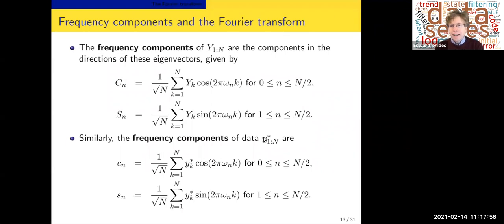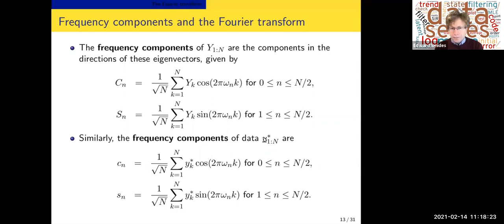Capital Cn and Sn are what happens when we take the frequency components, or the real and imaginary parts of the Fourier transform, corresponding to the model, and little cn, little sn are going to be the same things done to the data.